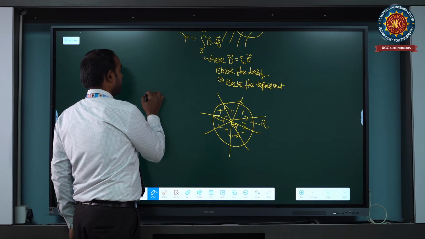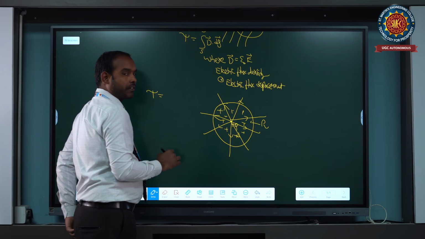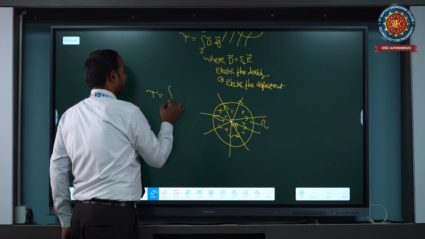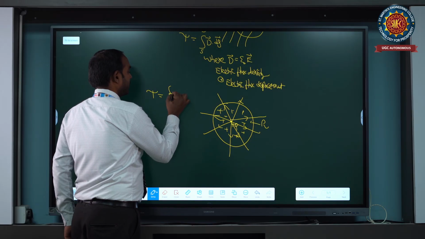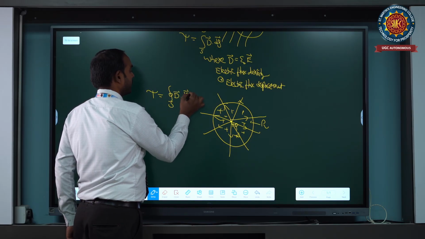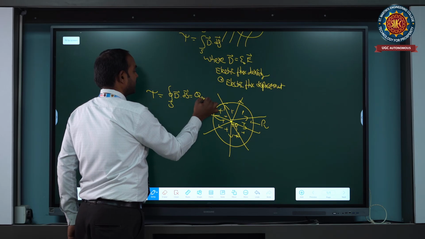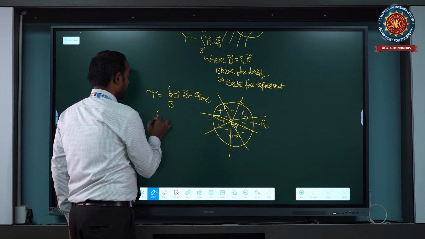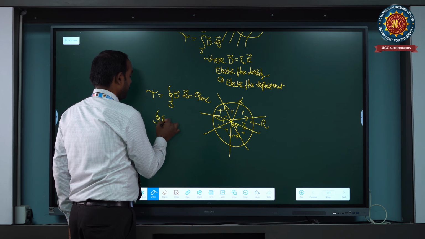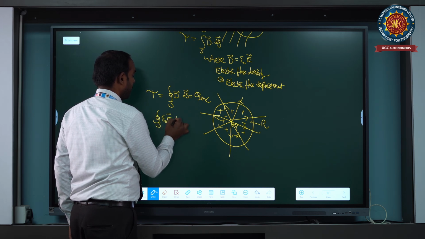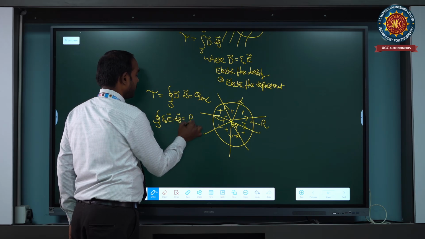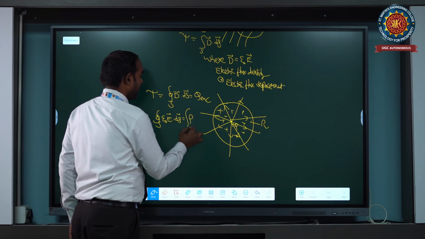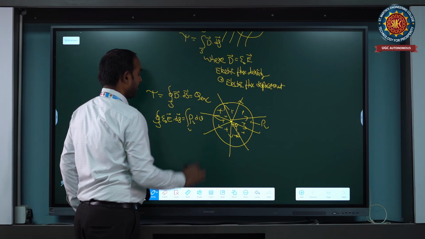As per Gauss law, total flux through any closed surface is the closed surface integral of D bar dot ds bar, equal to the total charge enclosed by that surface. So we write the closed surface integral of epsilon times E bar dot ds bar is equal to the volume integral of rho v dv.